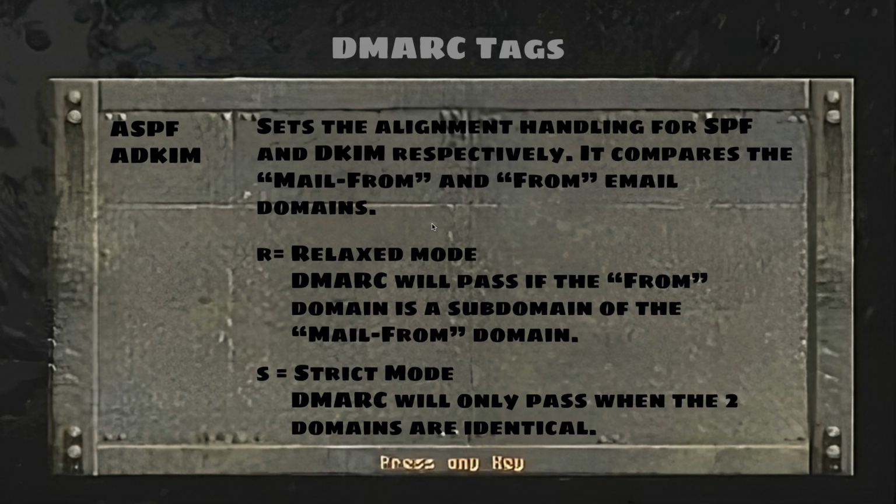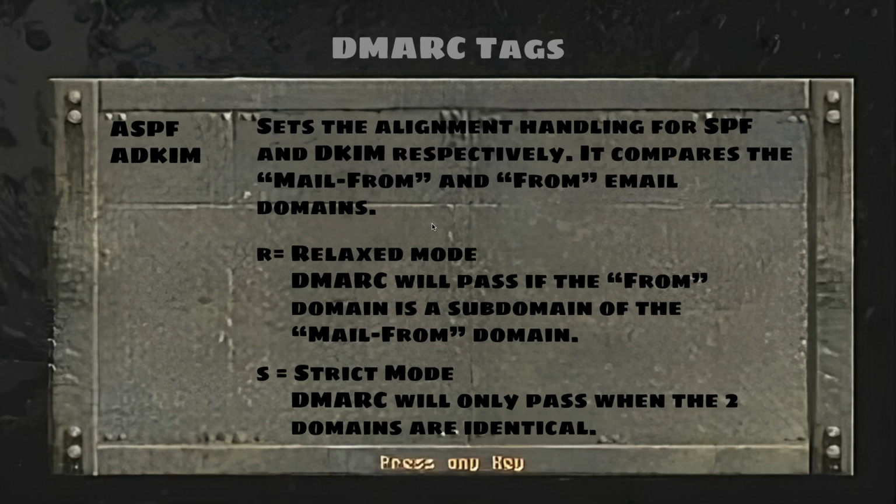Email has multiple headers and the way that it's set up, the mail from header doesn't have to match the from header. The from header is literally what gets displayed to the end user. The mail from is theoretically where the mail is actually from. The two can be very different. So you can set DMARC on how to handle that.